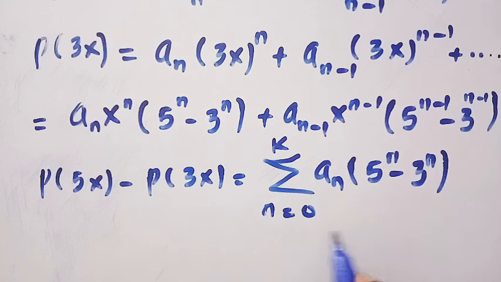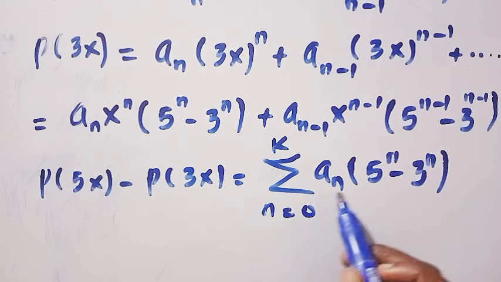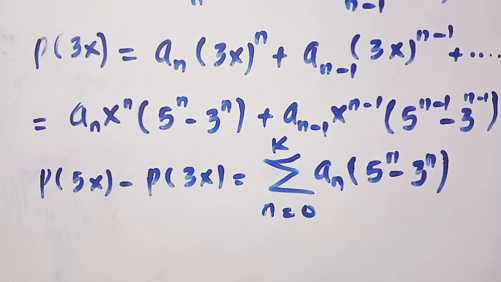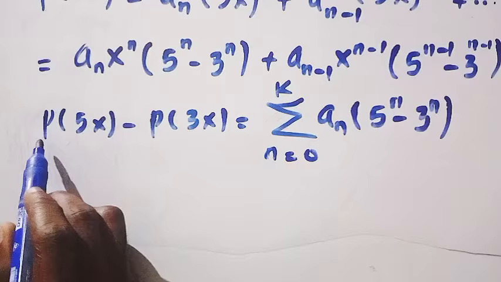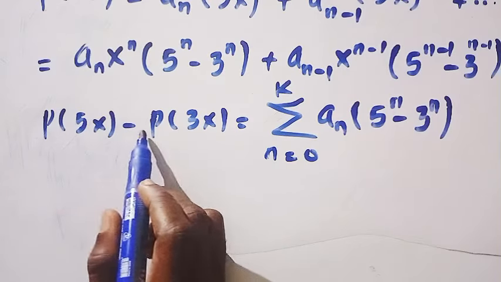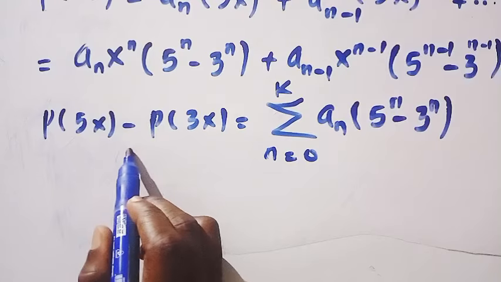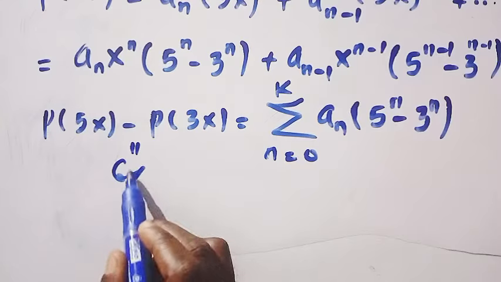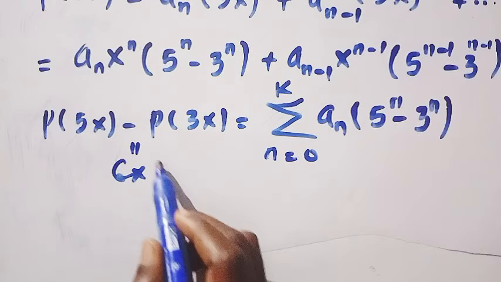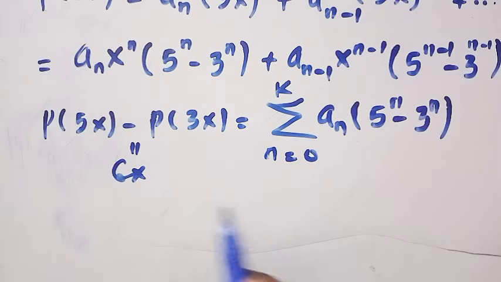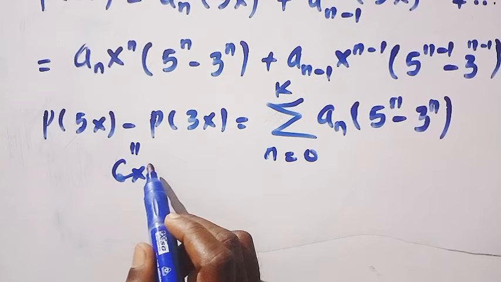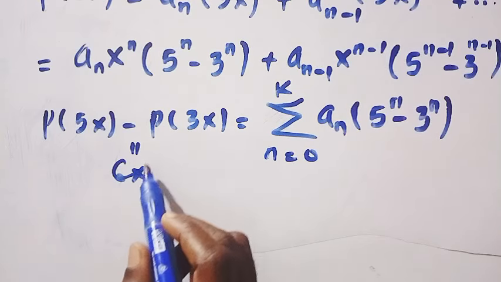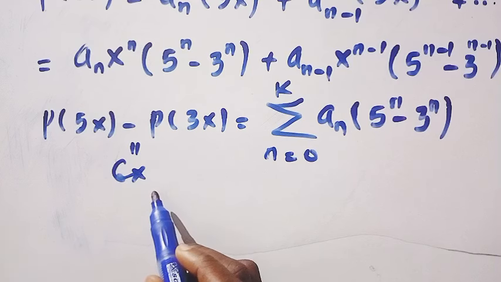This keeps going, so we test for a_0, we can test for a_1, we can test for a_2, till as many terms as we are going to have. But p of 5x minus p of 3x equals 6x, and we have to know the other values. Since we have 6x here, the power of it is 1, which means the other degrees are multiplied by 0.